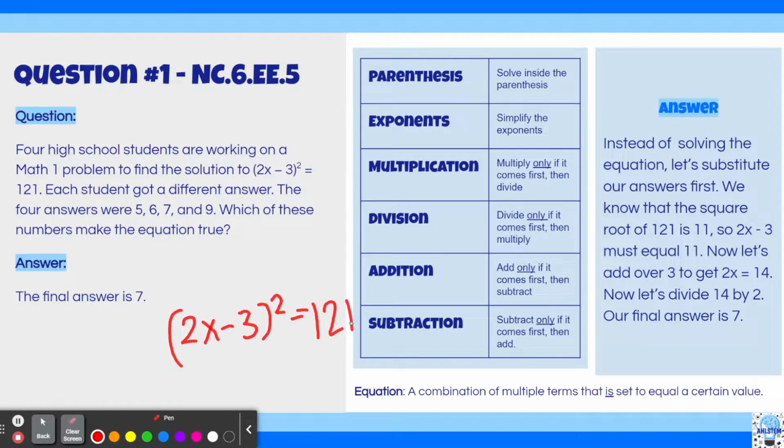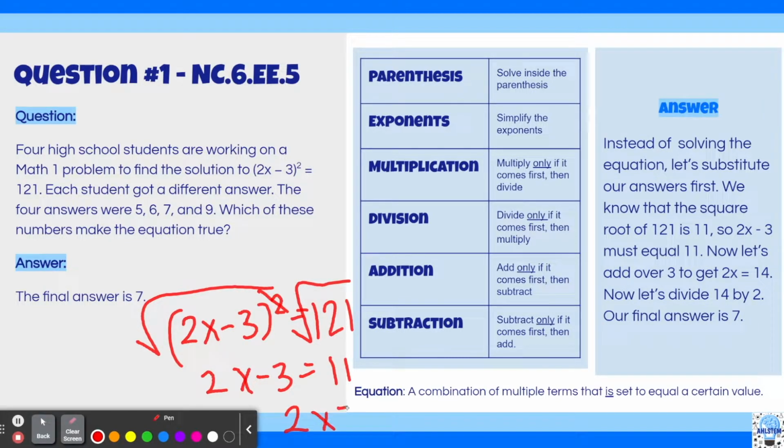We want to take the square root of both sides to get rid of the squared sign. Now we get 2x minus 3 equals 11, because the square root of 121 is 11. Now we have 2x equals 14. And when we divide by 2, we get x equals 7. And that is how we get our final answer.